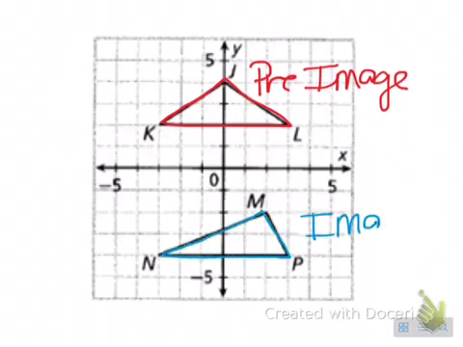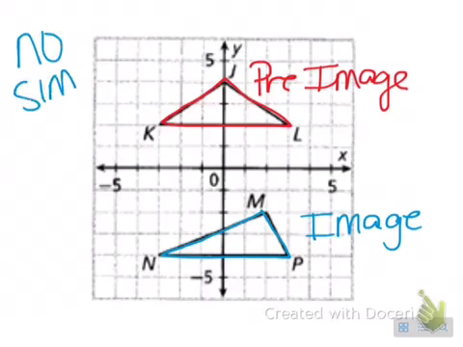The first thing you need to do if you're going to talk about similarity transformations is look and see if you think the pre-image is similar to the image. And if you look at the pre-image and the image, I can tell that they're not similar because the angles aren't the same. So this would be no similarity transformation, or we'll say not similar.